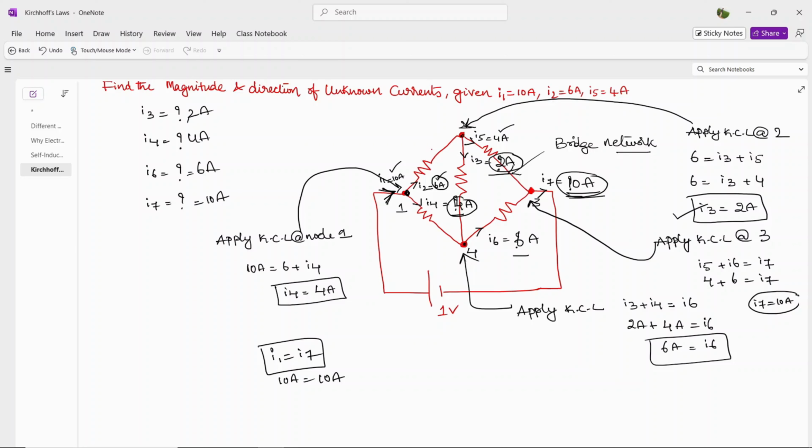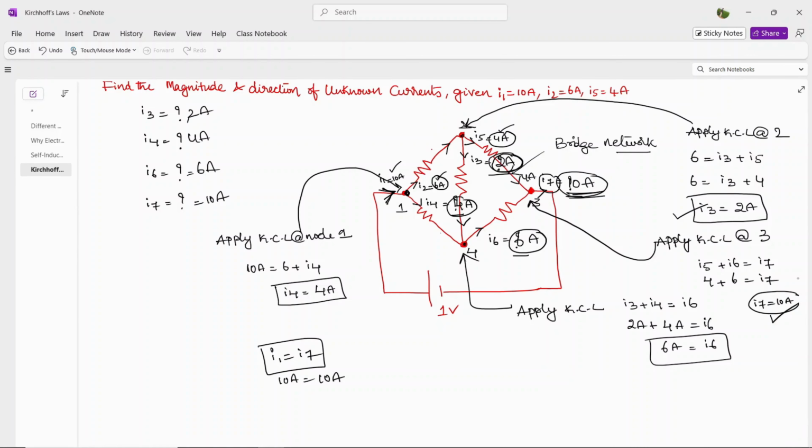Again here it is entering as 6 amperes and it is dividing. This 6 is dividing as 4 amperes as well as 2 amperes. Now in this branch 4 amperes is flowing, and in this branch 2 amperes is flowing. 4 plus 2 is equal to 6 amperes. To this branch 6 amperes is flowing and 4 amperes is flowing, which get added here to result in a current of I7, which is nothing but 10 amperes.